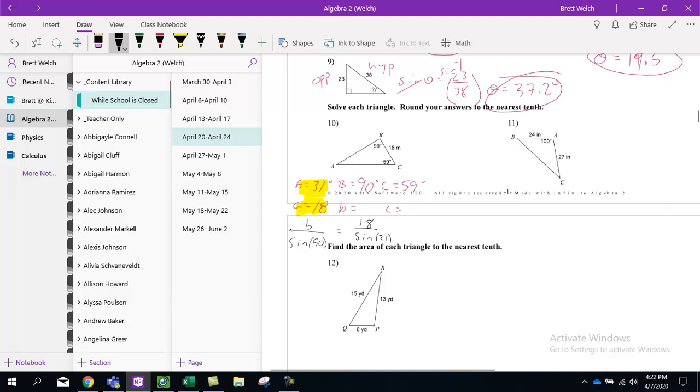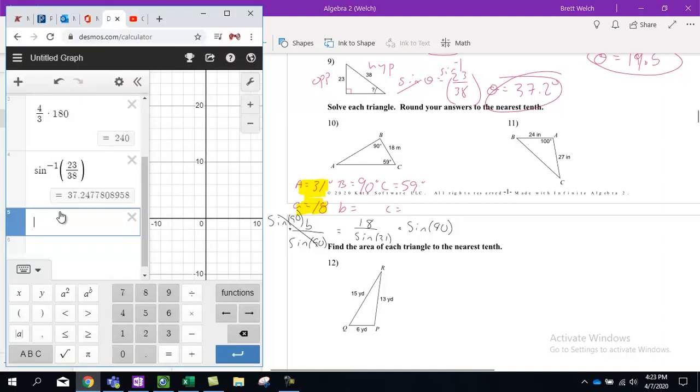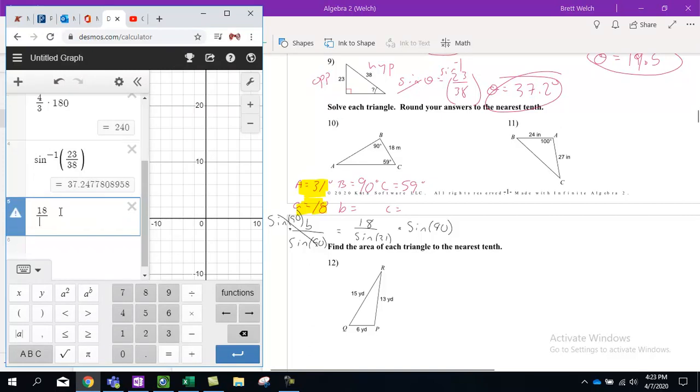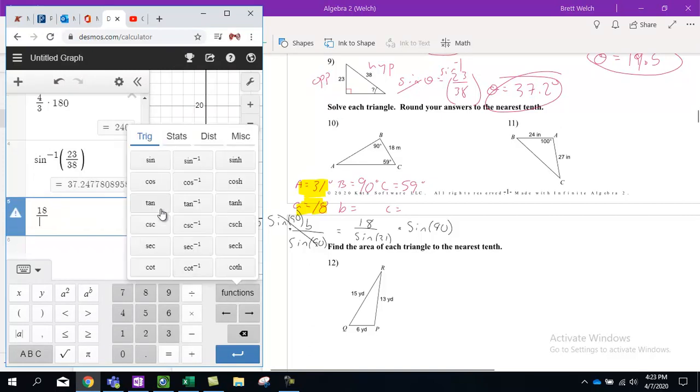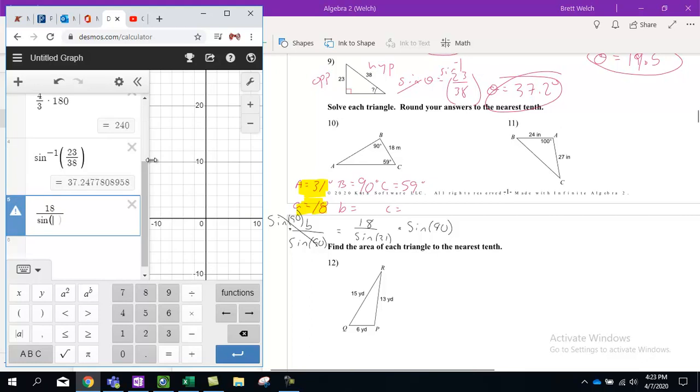To get little b alone, I need to times by the denominator, sine of 90. But to do that, I have to times over here by the sine of 90. Obviously, you guys can be stopping this to slow it down and to ask questions along the way, or shoot a message into me. I've got 18 divided by the sine of 31.